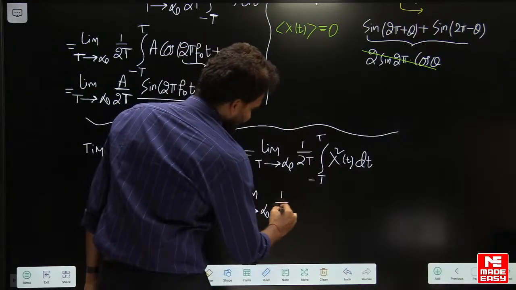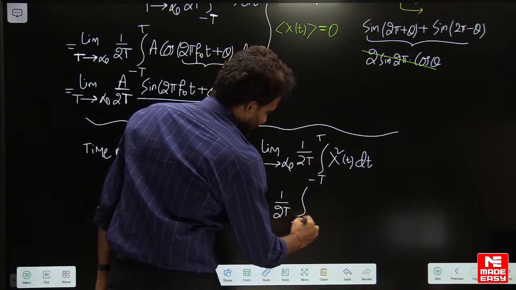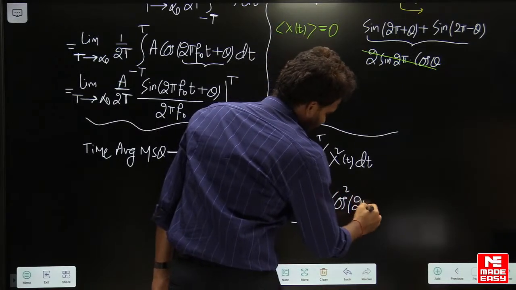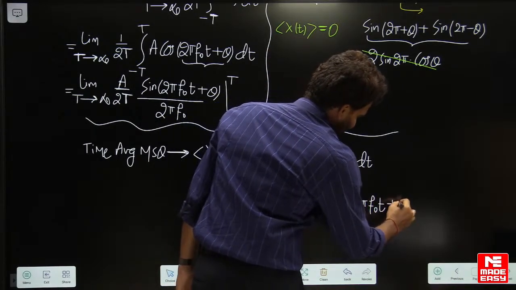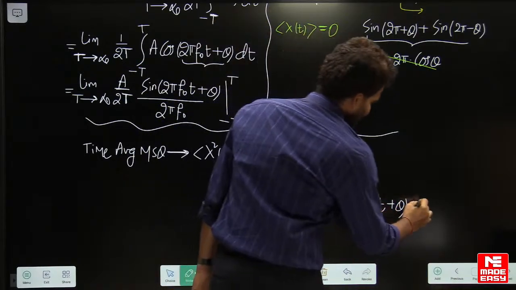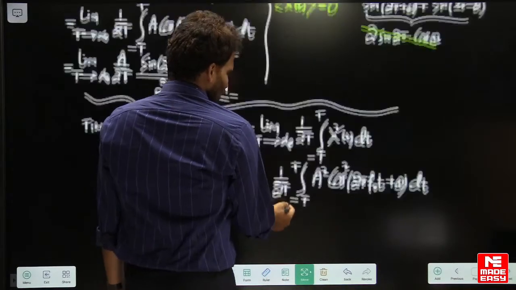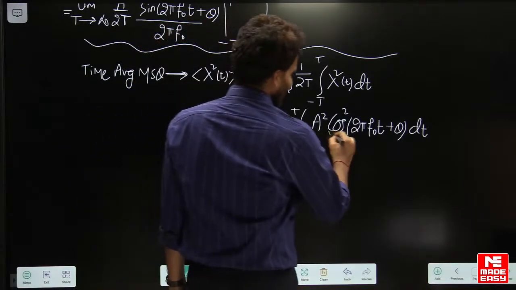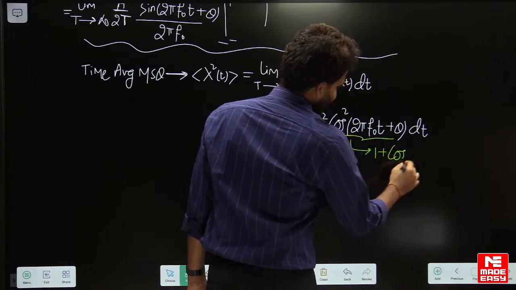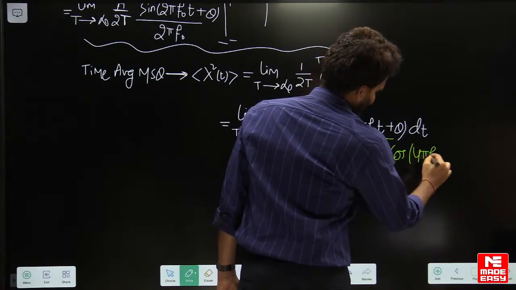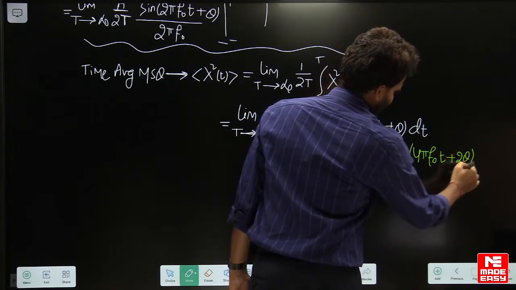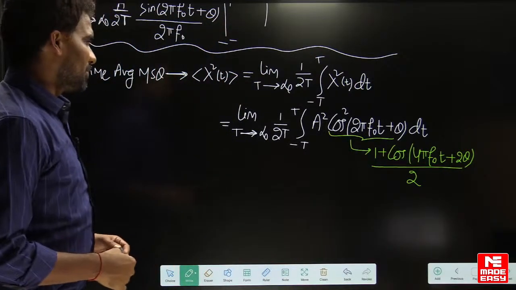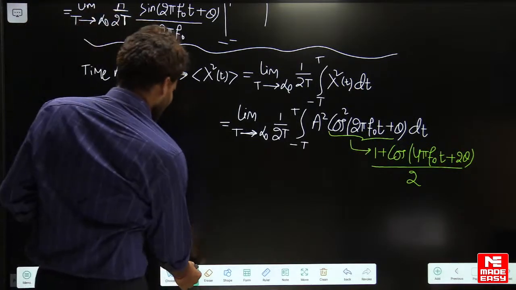Limit t tends to infinity, 1 by 2t, integration from minus t to t of A squared cos squared of 2 pi f naught t plus theta dt. Using cos squared theta equals 1 plus cos 2 theta by 2, let me write it directly.